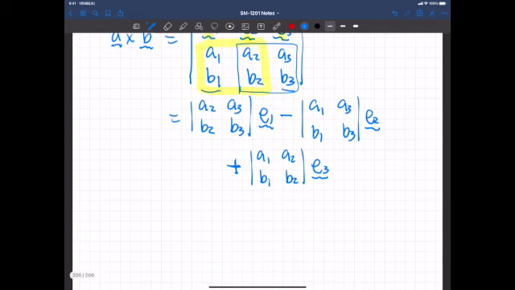Now calculate the determinants of these 2 by 2 matrices.